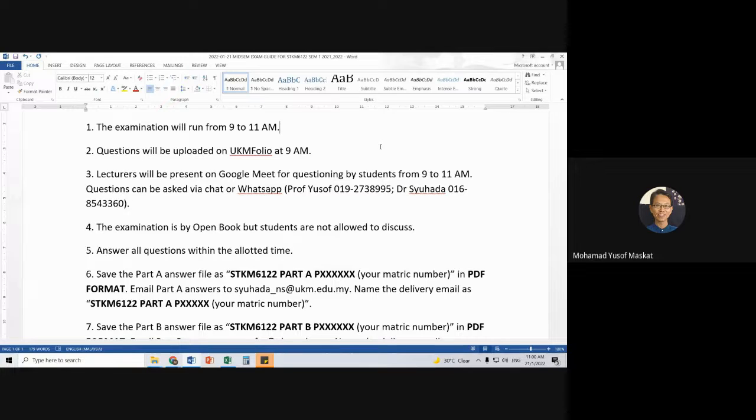The examination is open book, meaning you can look at your notes and any other sources, the internet, etc., but you are not allowed to discuss. Of course, there is no way for me to really monitor that, but we leave it to your honesty.